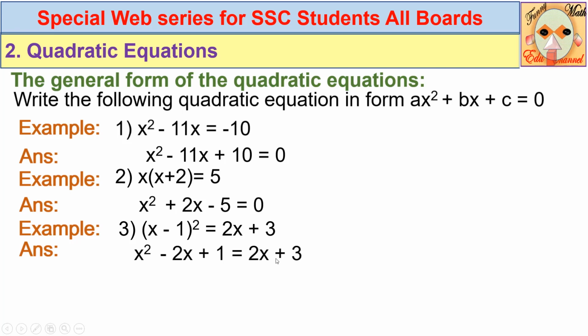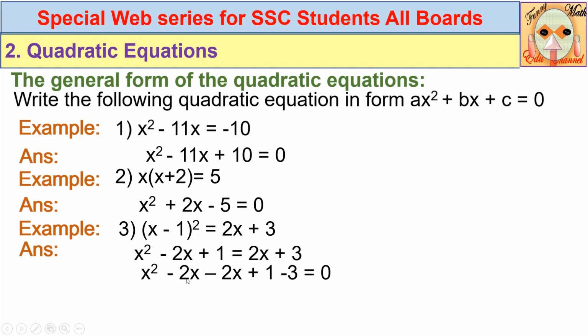Now this is also not in general form. So shift these two terms to the left and go on simplifying. So what we have: x square minus 2x plus 1 minus 3 equal to 0. Now this 2x was plus on the right, comes to the left for subtraction. Similarly, this 3 was plus on the right, comes to the left for subtraction, and on the right there will be 0.